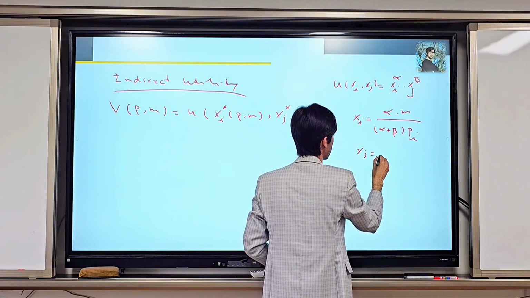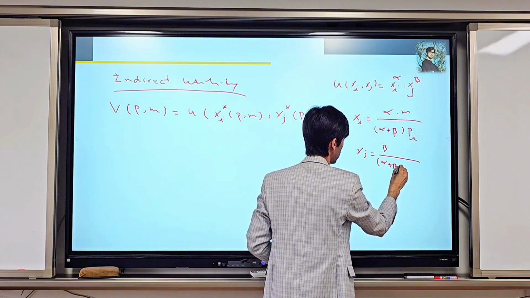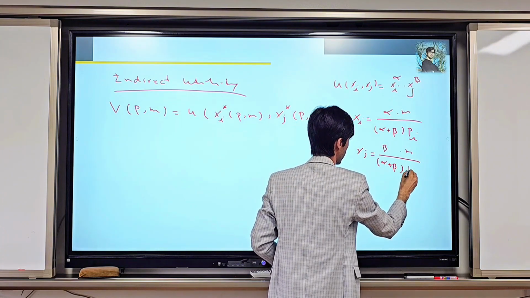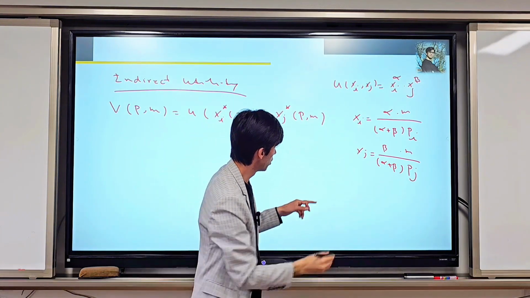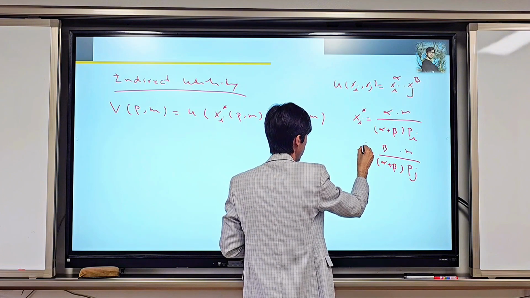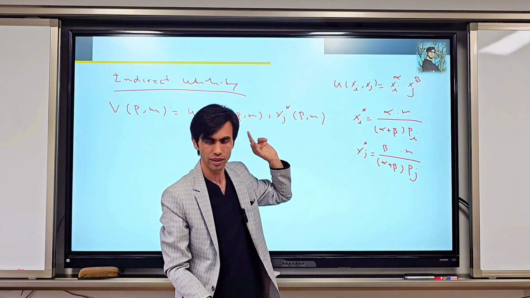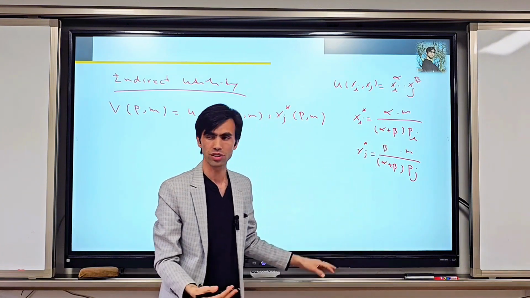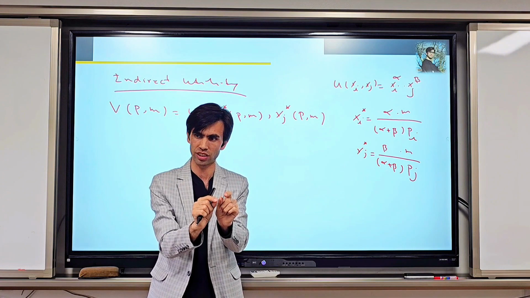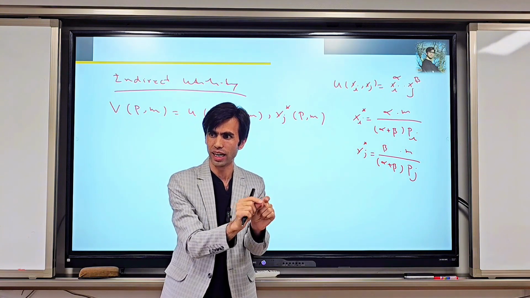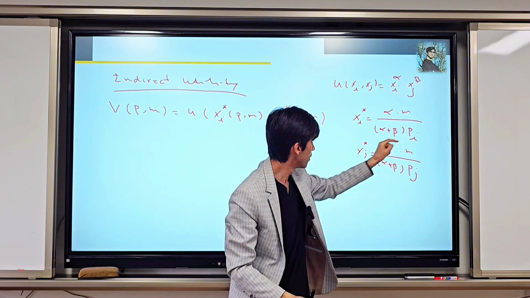And xj is equal to beta divided by alpha plus beta multiplied by m divided by pj. Then we already know that this xi, this xj are functions of m and p, because alpha and beta are constants. This is the share of x1 and this is the share of x2.